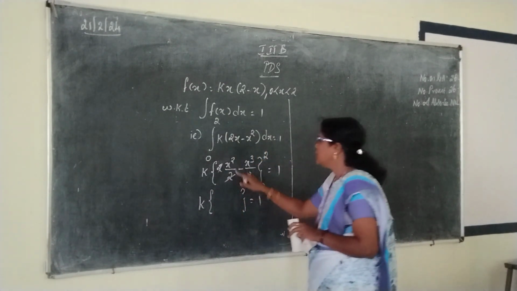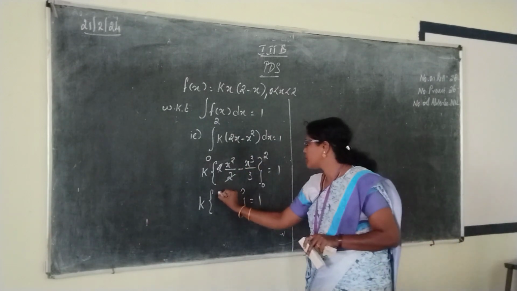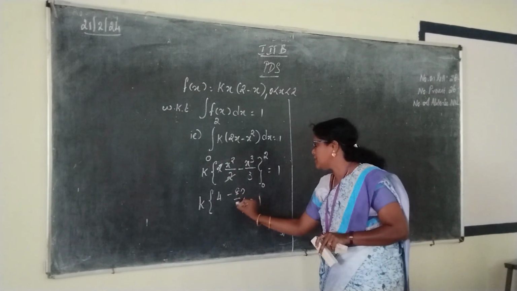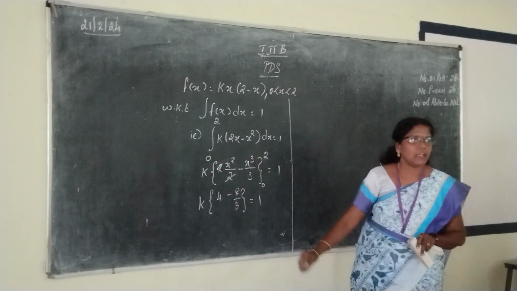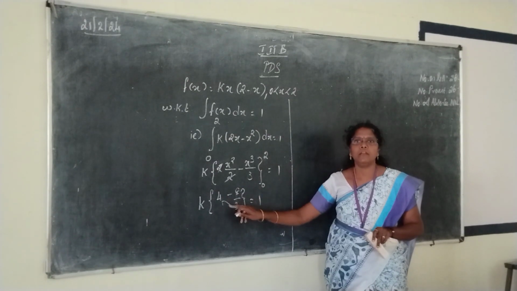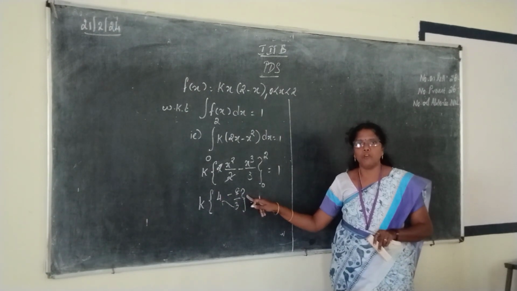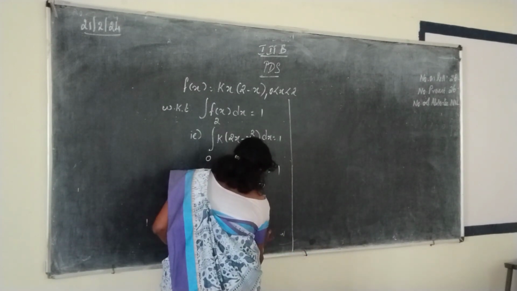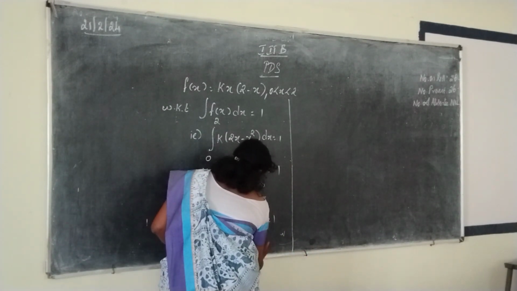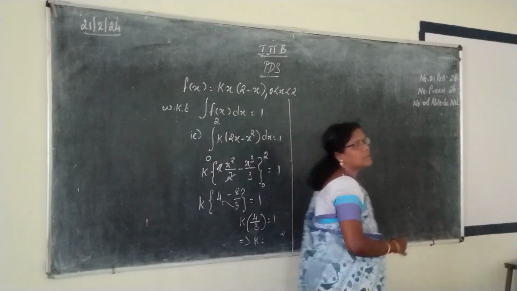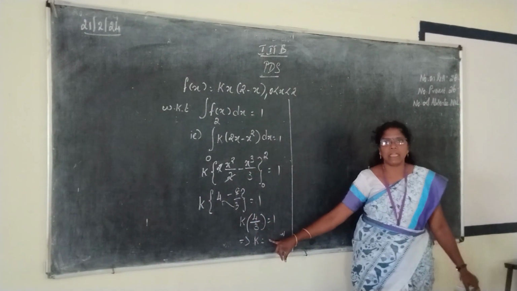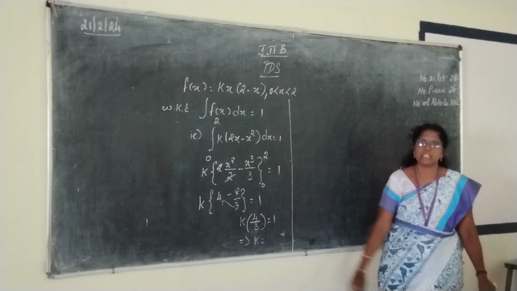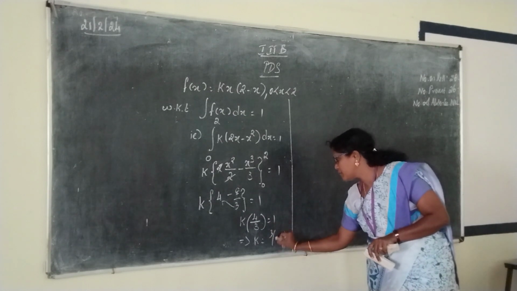Substitute x equal to 2: 2 square gives 4, minus 2 cube which is 8, so 8 by 3. Cross multiply: 3 into 4 is 12, 12 minus 8 is 4. So k into 4 by 3 equal to 1. What will be the k value? When it comes to the other side, it becomes a reciprocal. So k is 3 by 4.